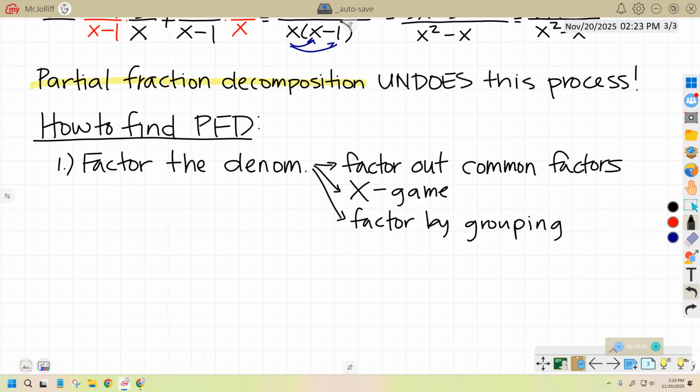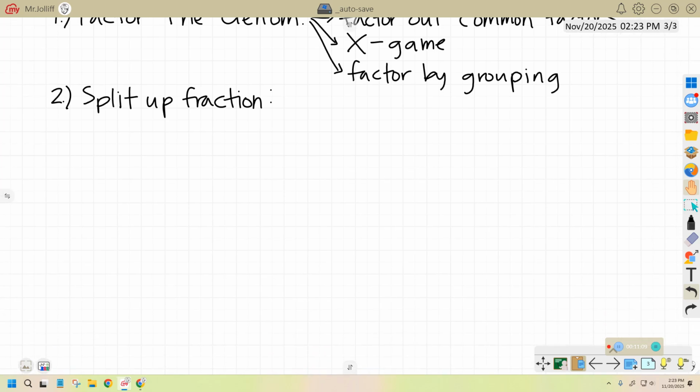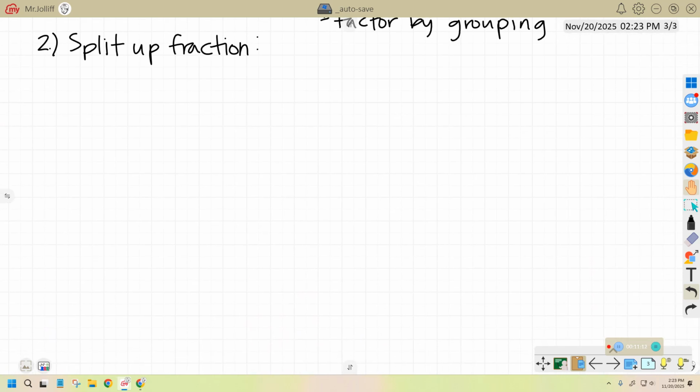Okay, so the next step. Now that I've got the factors of the bottom, I want to split my fraction up. And I'm making room because there are 4 possible things that you might see.